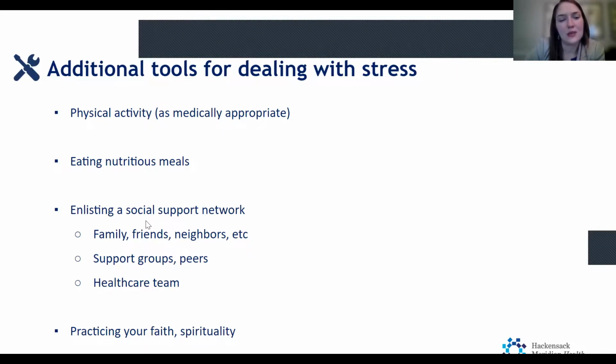So these could be people in your life, like family, friends, neighbors, or other people in your network. They could be support groups and peers, just like you're here for a chapter meeting, other people going through a similar experience, as well as your healthcare team.